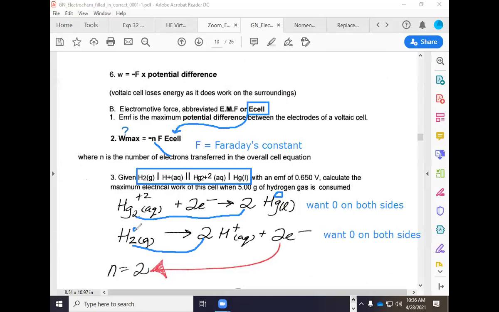Because this is a diatomic, it has a 0 oxidation number. So 2 plus, 2 minus, 0. So we had to do all of this so we could get our N. So now we know that the N is 2.